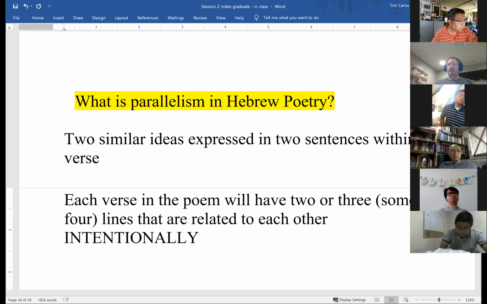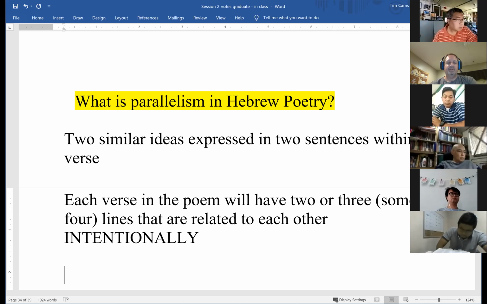It's like in Western poetry, where rhyming is very typical. In Hebrew poetry, a very common element is this parallelism, where one line is written in a verse and then the next line is somehow related to it. Either it says the same thing, it says the opposite thing, or something else.